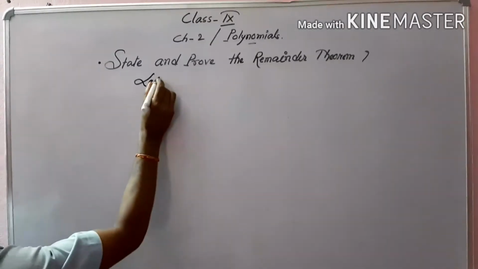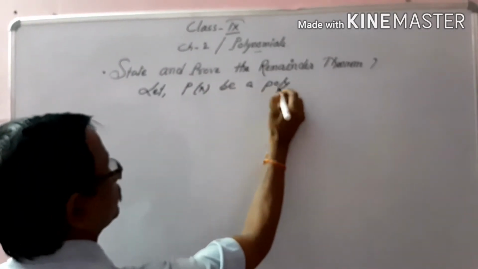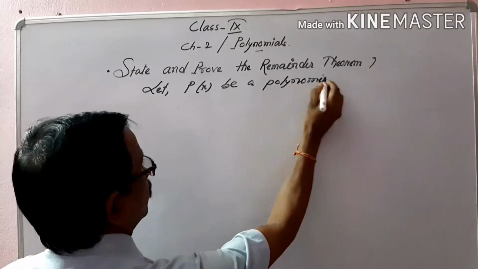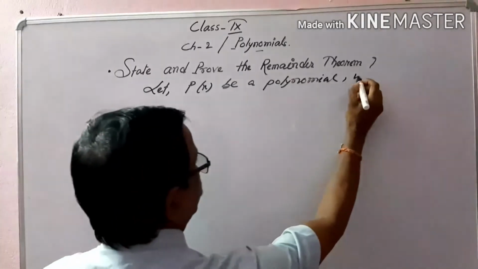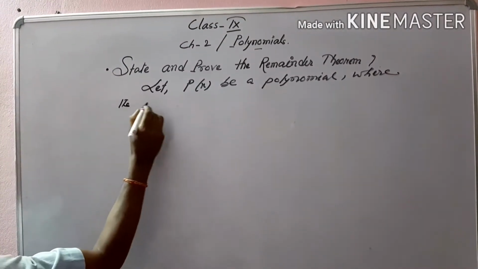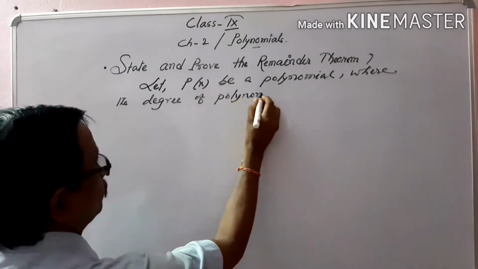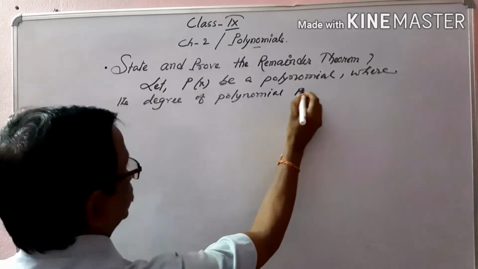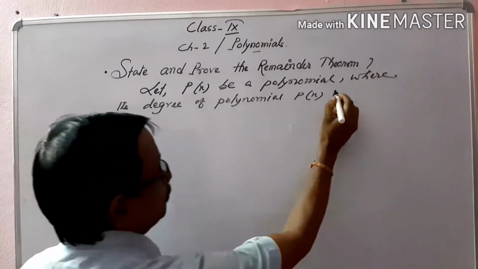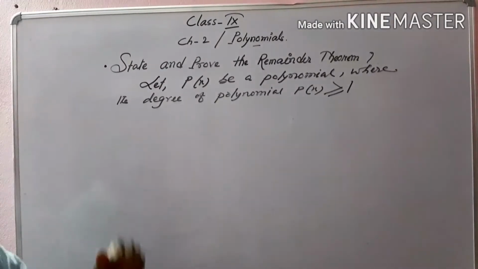Suppose we are taking, let P(x) be a polynomial. First you write down this: P(x) be a polynomial, where the degree of polynomial P(x) must be greater than or equal to 1.